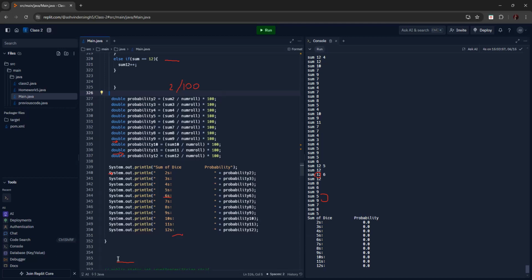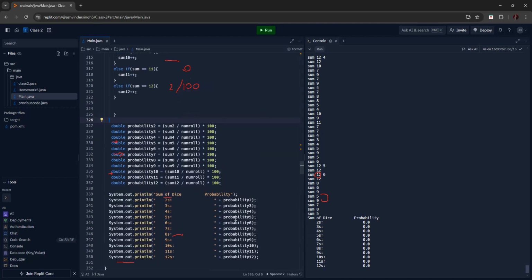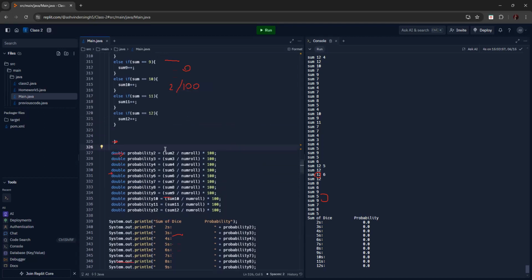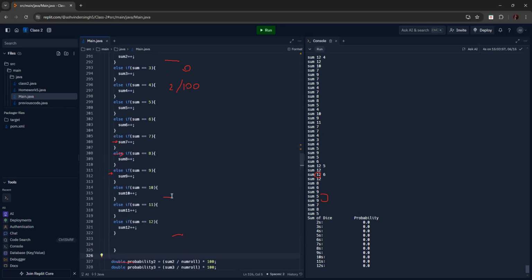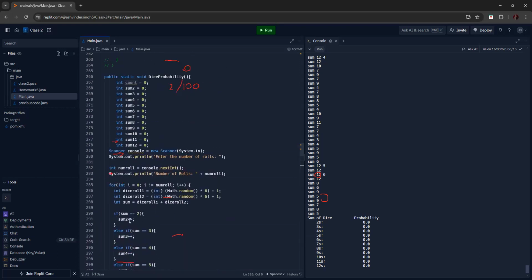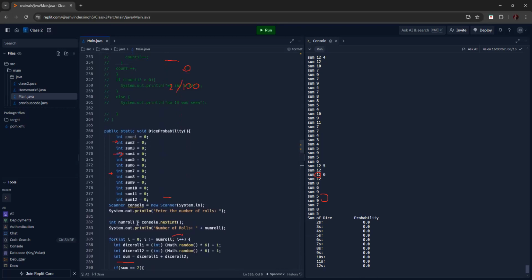And if it is an integer division, you get 0. And you multiply 0 by 100, so it is 0 also. That's why you get 0 here. So I need to make all the sums double. Excellent. Yes. So I should go up here and make all this double.